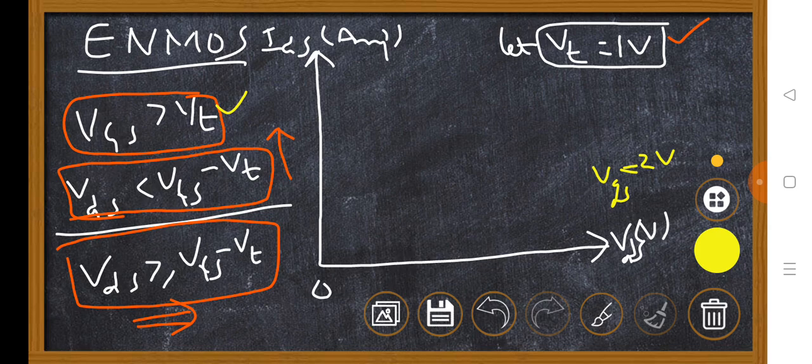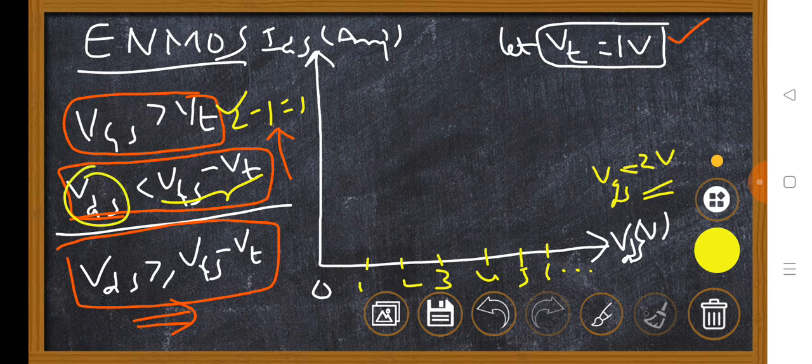Now observe very carefully. I am taking the scale here, 1 2 3 4 5 6 and so on. When gate to source voltage is 2 volts, what is the effective gate voltage? VGS minus VT. That means 2 minus 1, which is equal to what? 1. That means whenever VDS is less than this 1 volt, the current is going to increase.